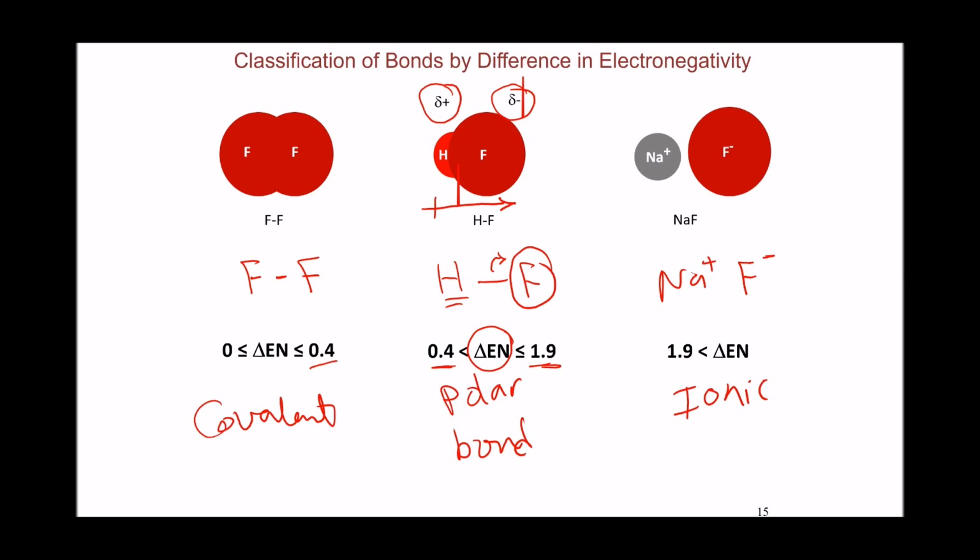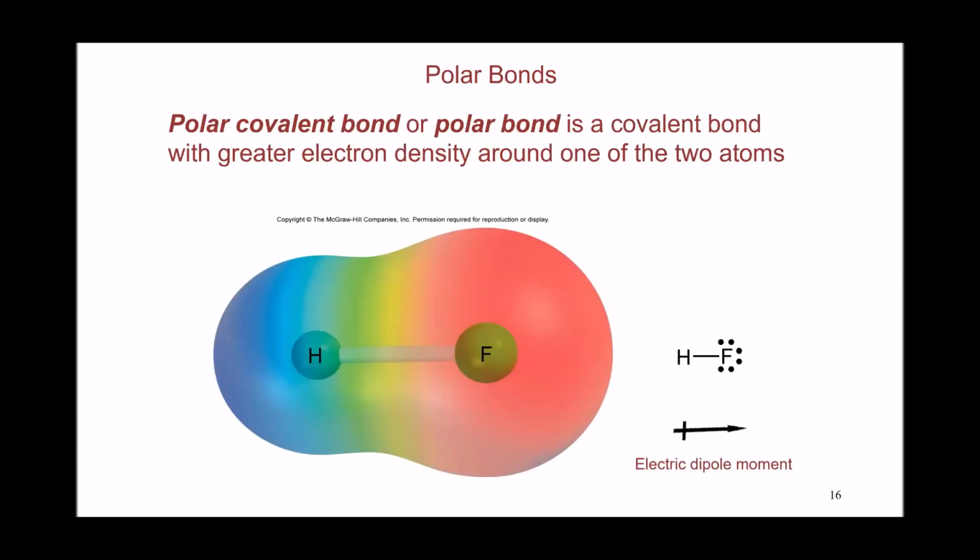And the importance of this whole discussion is not only to predict what type of bonding to expect. It's that polar compounds are completely different from covalent compounds in the sense that they have an electric dipole moment, as we said, which will make them susceptible to electric fields.